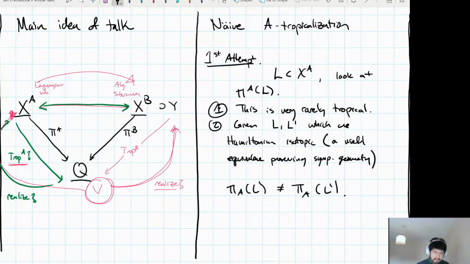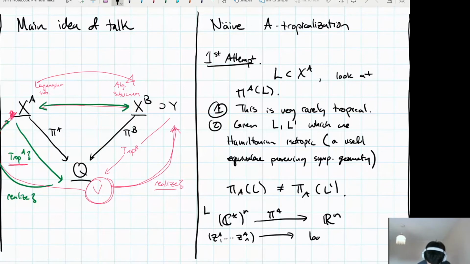So just taking something inside of C star to the n, which is a Lagrangian submanifold, and projecting it to Rn under this map pi A, which sends the coordinates of C star to the n, z_{A1}, ..., z_{An}, to log absolute value of z_{Ai}, is not a good tropicalization process.